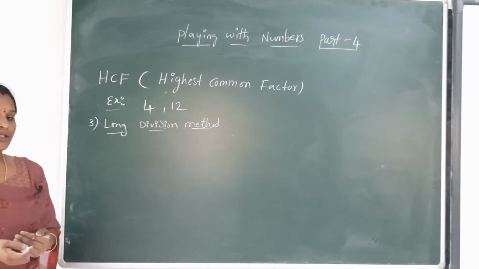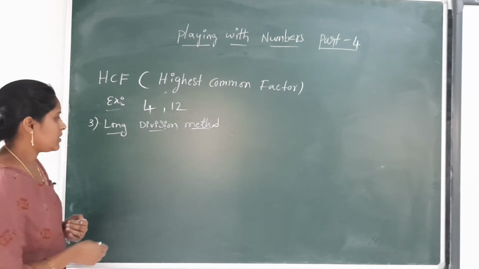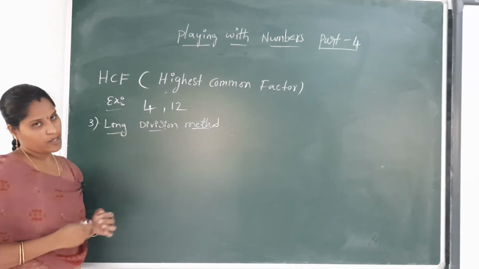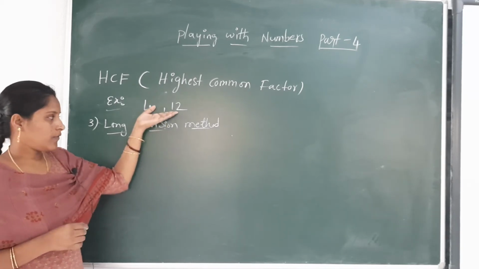It is very easy to find out HCF by using long division method. Now we will learn about this. Here we have two numbers. We are going to find out HCF for these two numbers, 4 and 12, through this method.